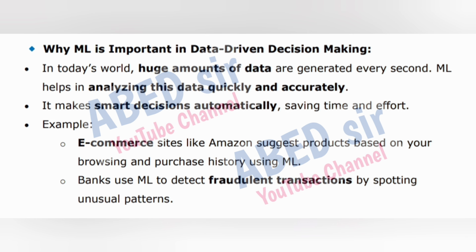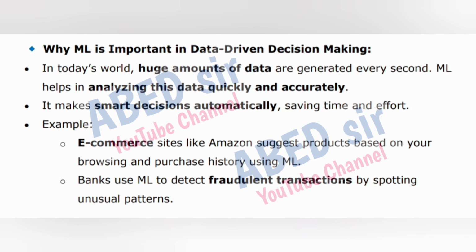In today's world, huge amounts of data are generated every second. ML helps in analyzing this data quickly and accurately. It makes smart decisions automatically, saving time and effort. Example: e-commerce sites like Amazon suggest products based on your browsing and purchase history using ML.